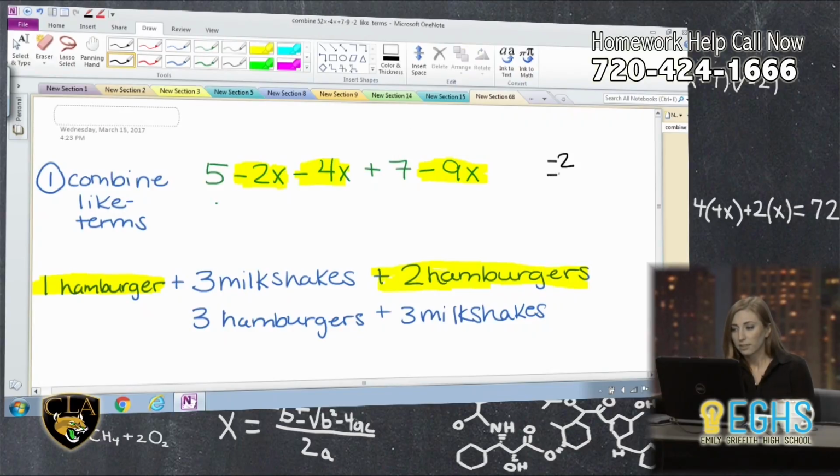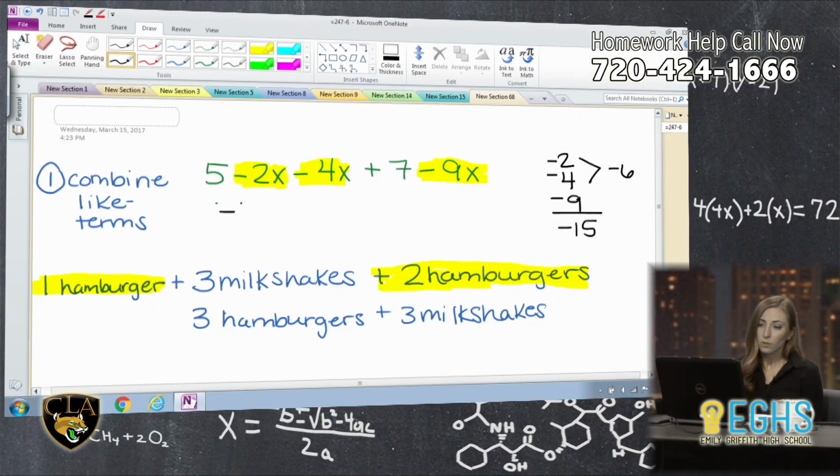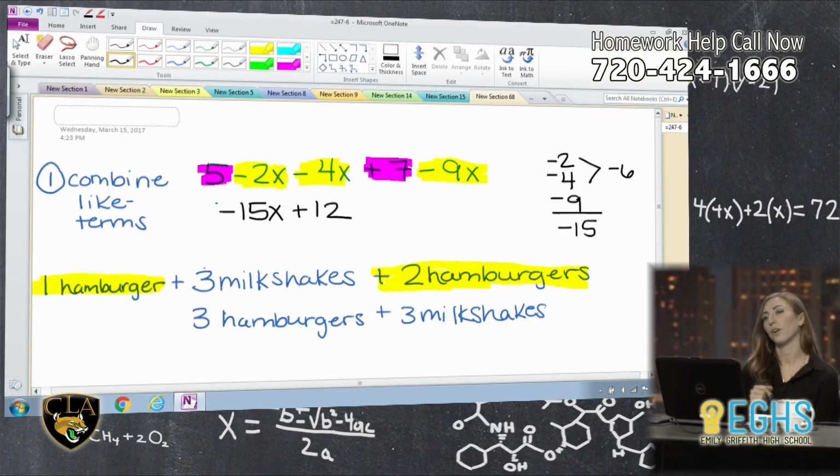That's as simple as adding negative 2 plus negative 4 plus negative 9. Negative 2 plus negative 4 gives us negative 6. Negative 6 plus negative 9 gives us negative 15. So all together, I have negative 15 x's. And then my other like terms, 5 and 7, I can put those 2 together to give me 12. So this is as far as I can go.